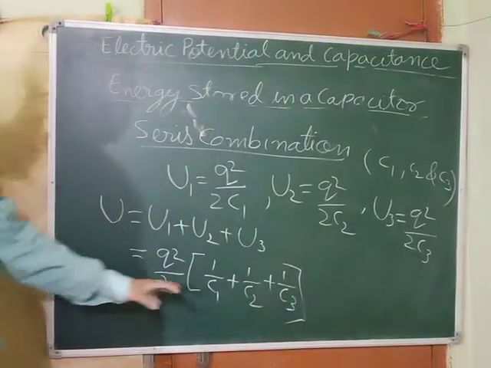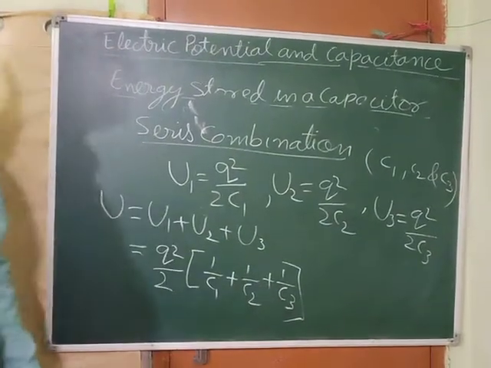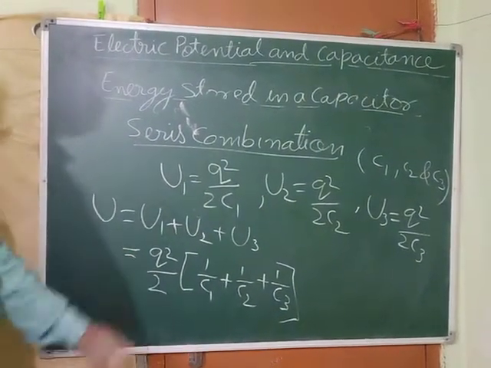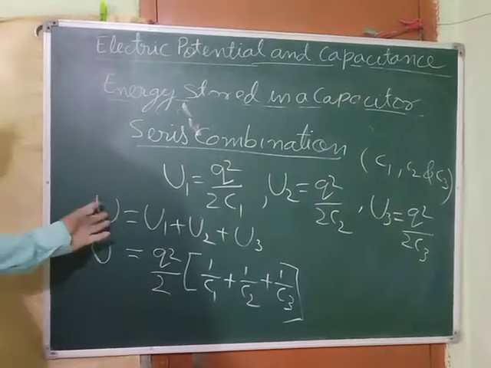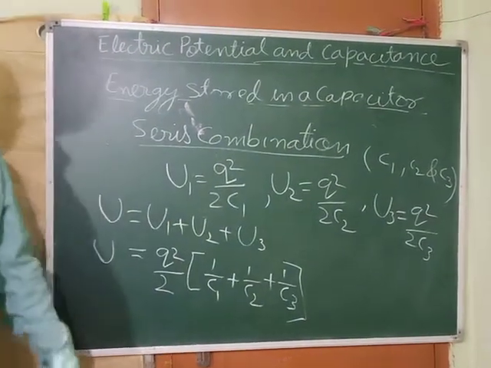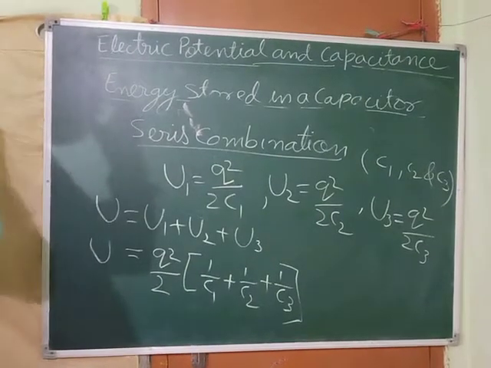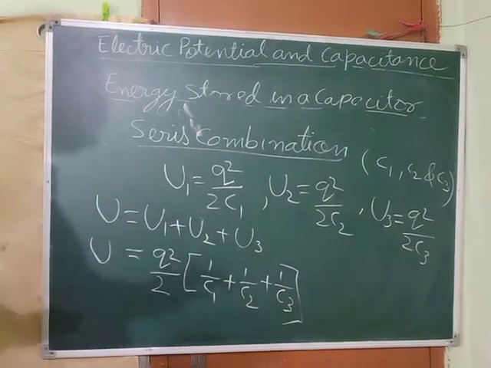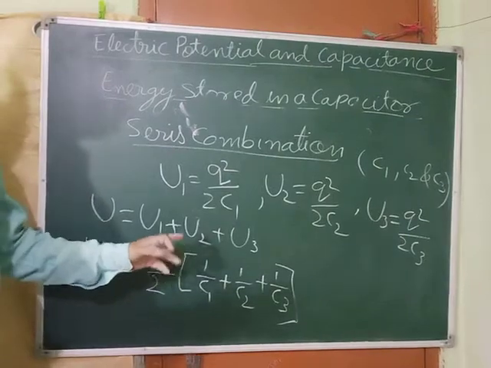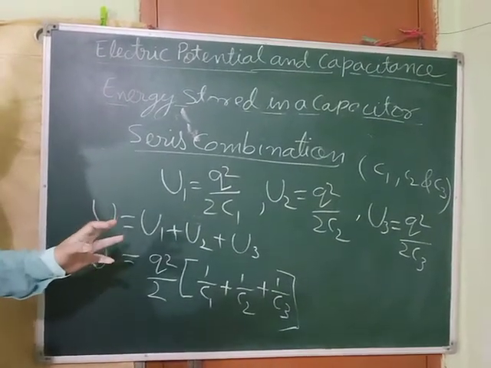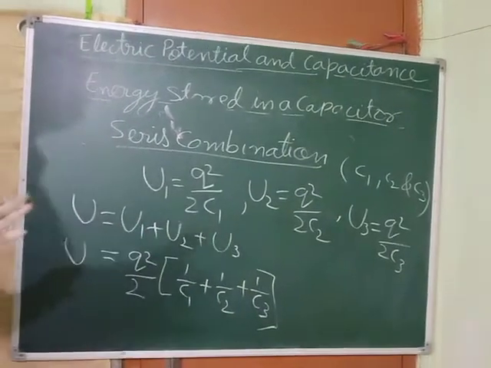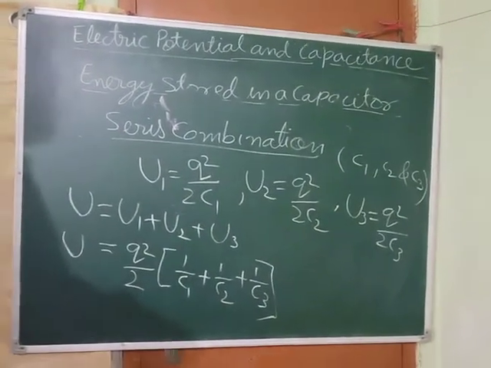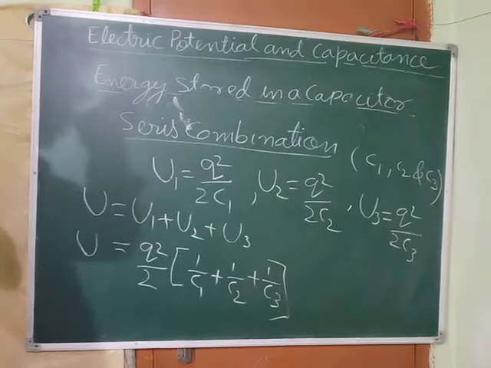That means you have to get the equivalent capacitance in series and then use it. So in series, the total potential energy of the combination is the sum of the potential energies stored by the different capacitors.